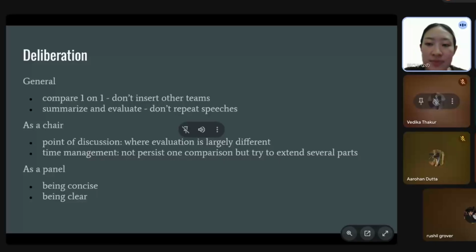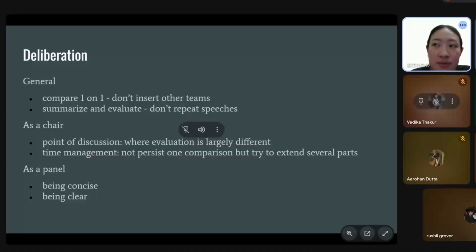So this is some kind of time management, and I think as a chair you have to care about time management, because it's an important part of BP judging and BP deliberation.